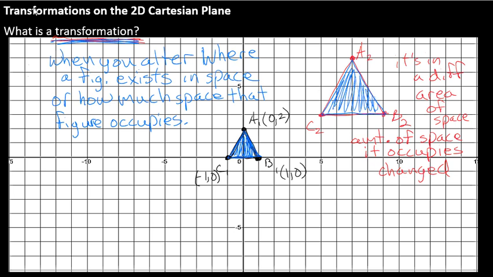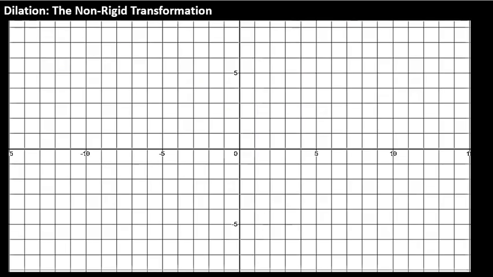And what else can we say? It also is in a different area than where it began. Okay, so all a transformation is is when you alter where a figure exists in space or how much space that figure occupies. All right, that's all a transformation is for all intents and purposes in this class.